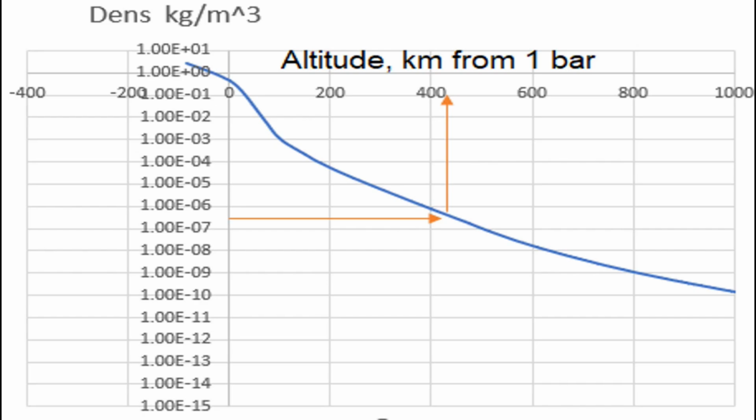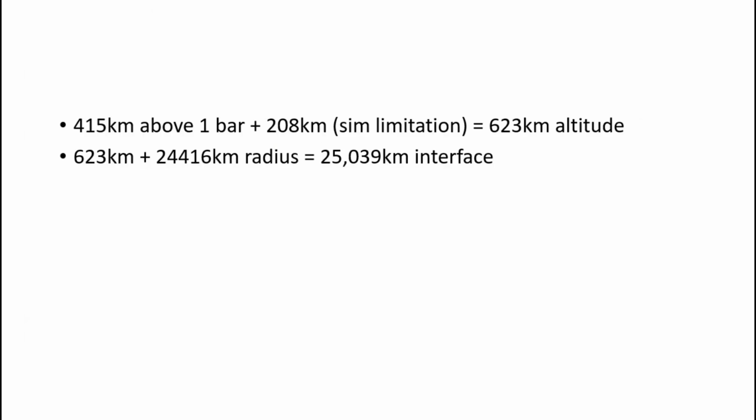And again, we need to add 208 kilometers for the simulation. That gives us 623 kilometers altitude plus 24,416 kilometers. So then we get the final radius of 25,039 kilometers from the center of Neptune, and that represents the interface altitude.